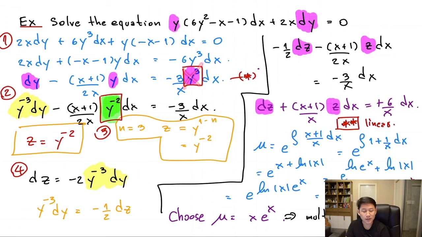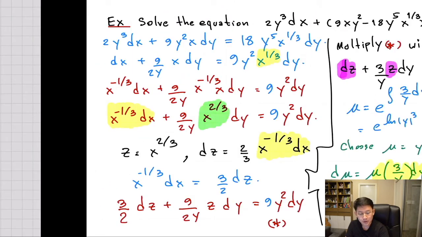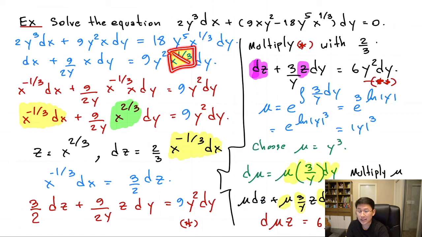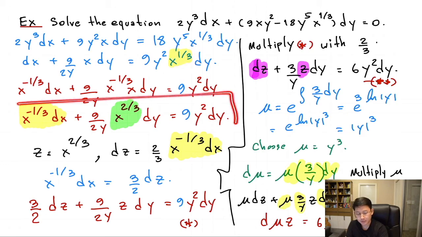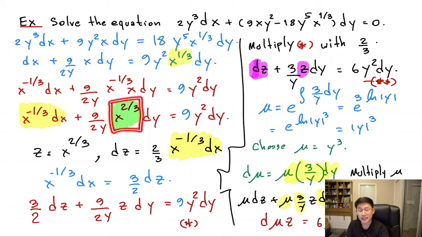It's the same for the other equation: you divide the whole thing by this one to eliminate this term first. After that, you get this equation, and you try to substitute this with z, to change this to z, and then you change it to dz. Make sense? We want to make it linear, and we know that it's going to be linear.